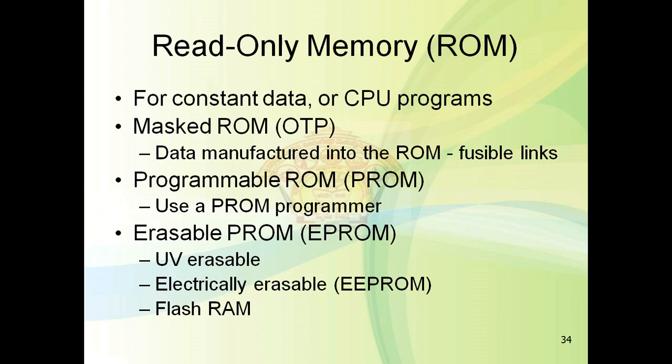The memory is formed using fusible links, and it is written by fuse blowing. Once the fuse is blown, we can't change the data, and hence this type of programming is permanent.